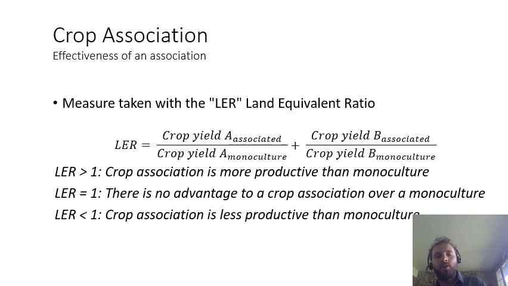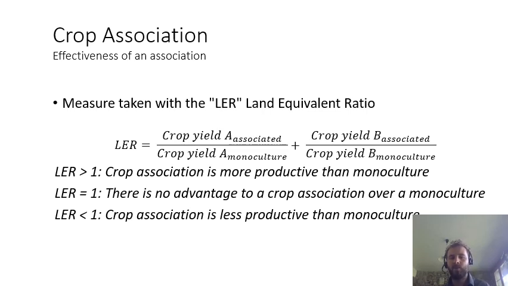Of course, you almost always get a better result with intercropping than with monoculture if you calculate like this. And it is not always the same, because maybe you really want to have maize and you don't really care how much bean and squash you get, because maybe you don't get a lot of money with it.